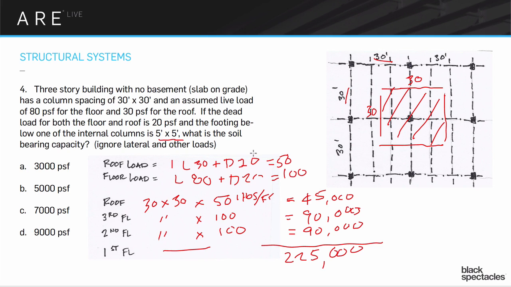And so that 5x5 footing is 25 square feet. So we divide that by the 25 square feet, and that's going to equal right there at 9,000 PSF. And so that is what the soil capacity is going to have to be in order to have this work.